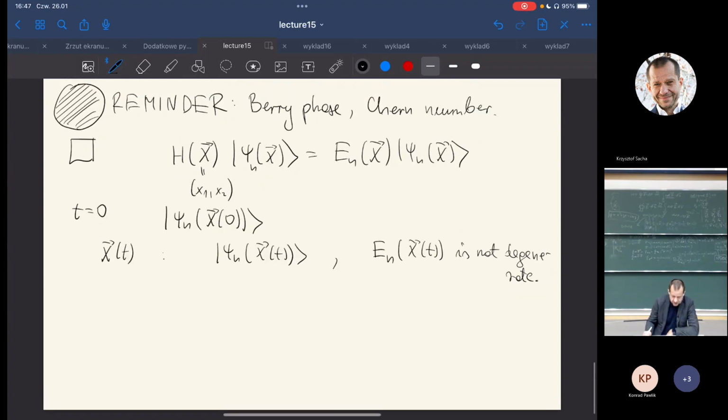So then, the evolution lasts some time, and it is supposed that at t equal capital T, we return to the initial values of the parameters.